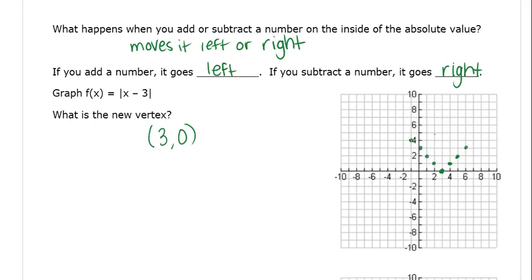The more points you draw, the more accurate it will be. And some of you might freak out a little bit because when you shift it left or right, suddenly it doesn't appear so symmetrical anymore. That's okay. Hopefully we can still see that's making that V shape. It just might appear that one side looks larger than the other one, just because this one's getting cut off a little bit.